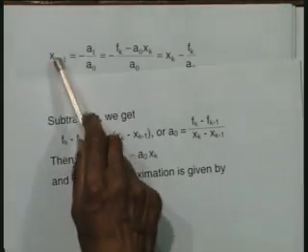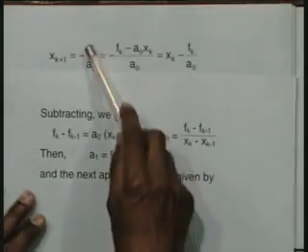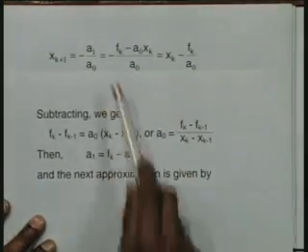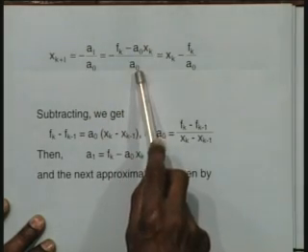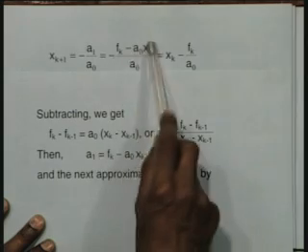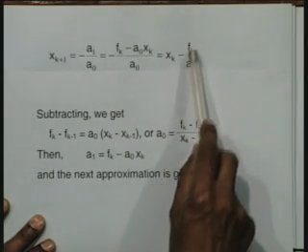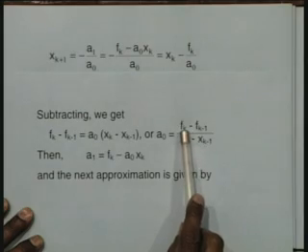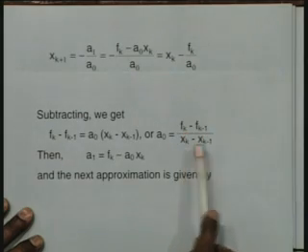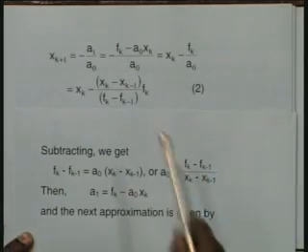Substituting, xk+1 is minus a1 upon a0, where a1 is fk minus a0 xk. Dividing by a0, first I take the term xk, minus fk upon a0. Now substitute the value of a0, which is (fk minus fk-1) by (xk minus xk-1).